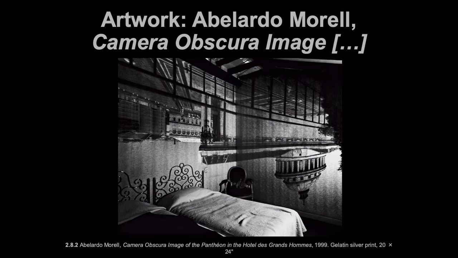So dark room, little hole in a window over here somewhere, and then that hole is letting this projection of the city outside upside down onto the wall, and then he photographs it. Don't get confused, these are black and white images, but it's in full color. It's exactly what is outside, it's just upside down.